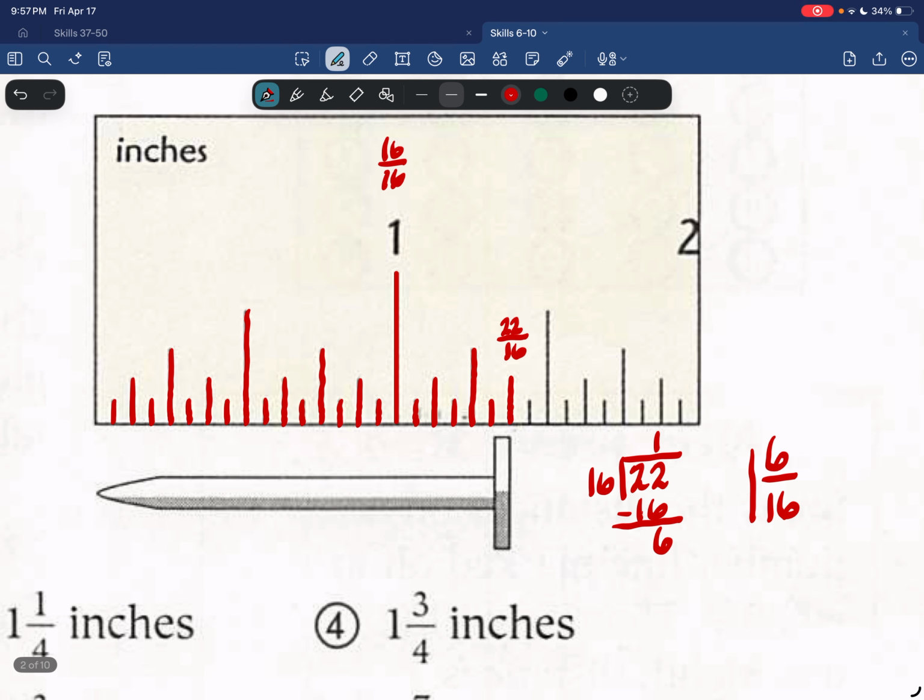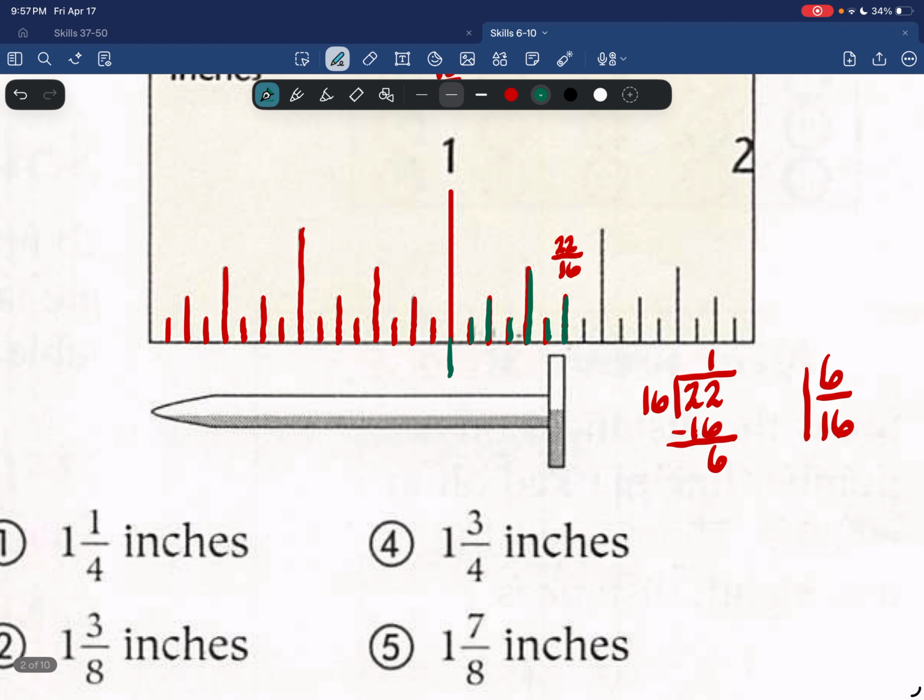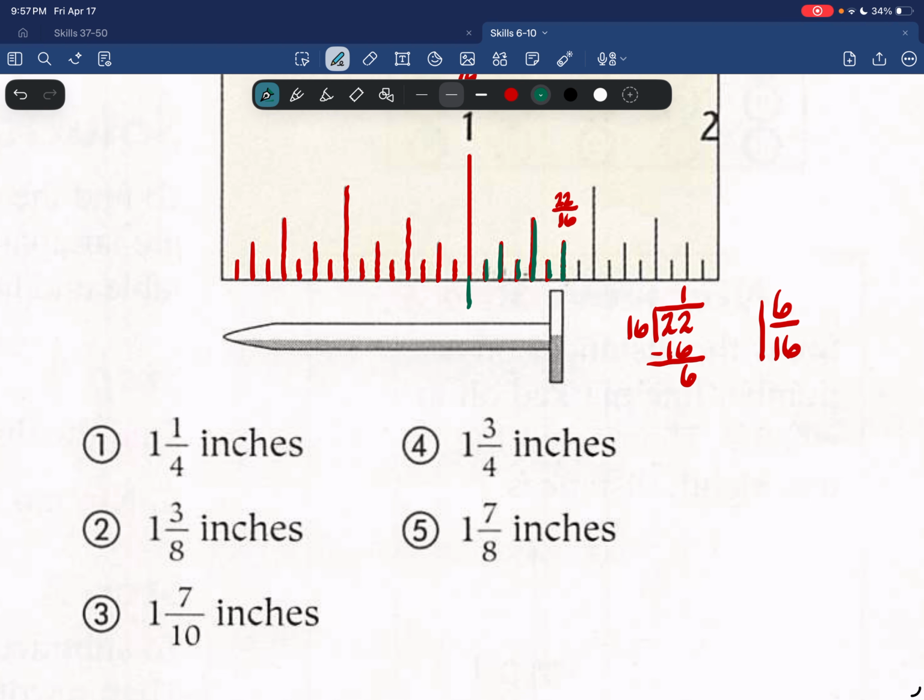You could confirm that by counting up to this 1 right here. And then there's 6 of those lines over. 1, 2, 3, 4, 5, 6. So 1 6/16. Unfortunately, that's not one of my choices, but I'm almost there.